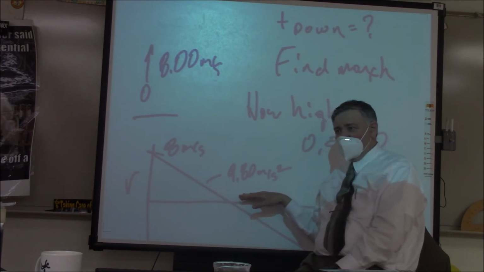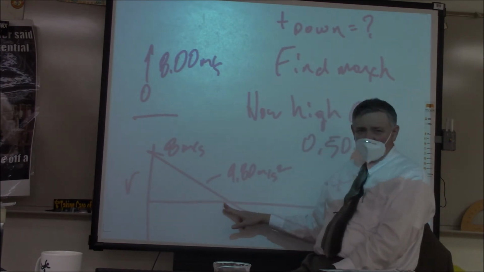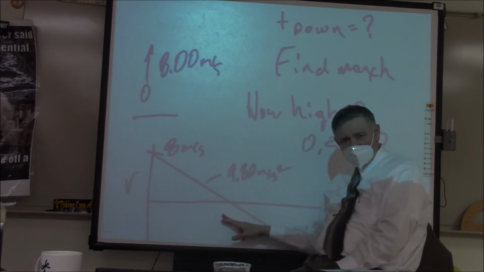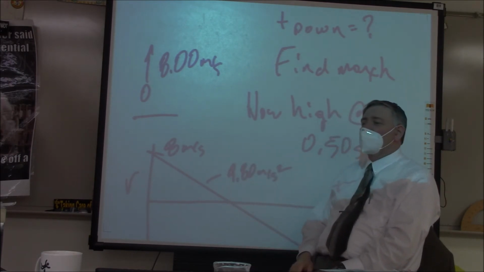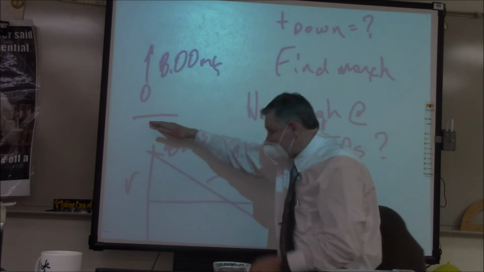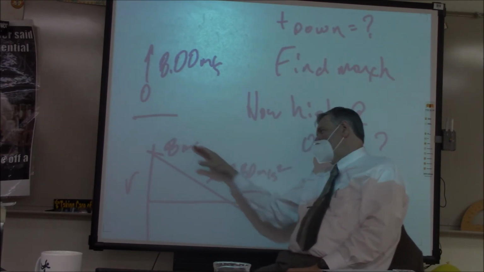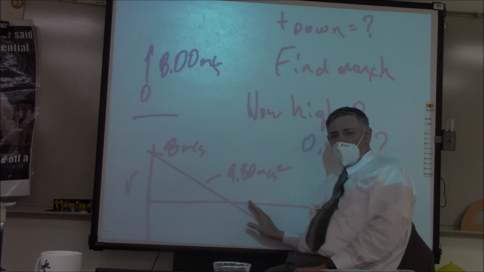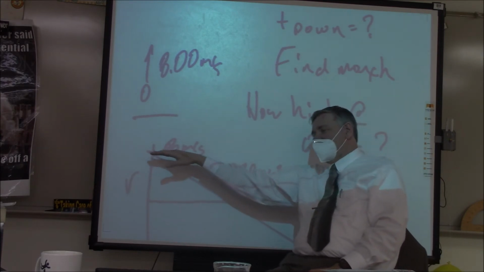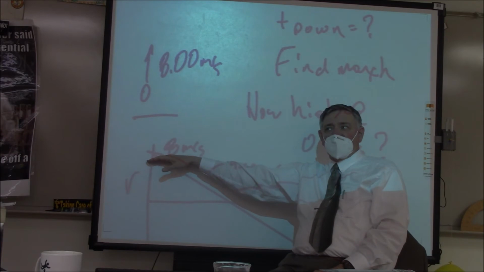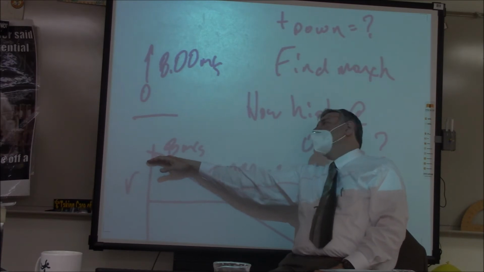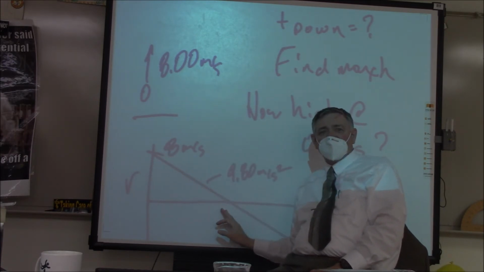What this slope means is that for every second that goes by, my velocity changes by 9.8, right? So if I started at exactly 9.8 meters per second, it would take exactly 1 second. Since my velocity is less than 9.8 meters per second, guess what? It'll take less than a second. Okay?